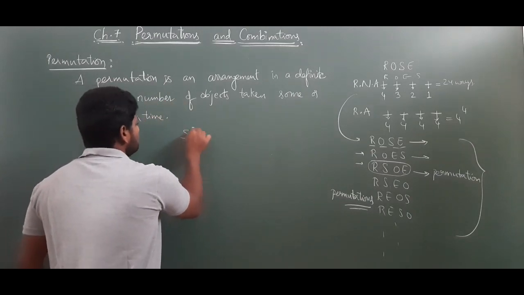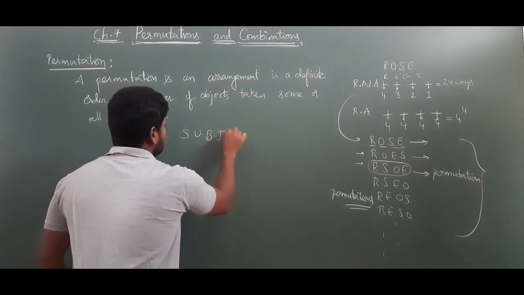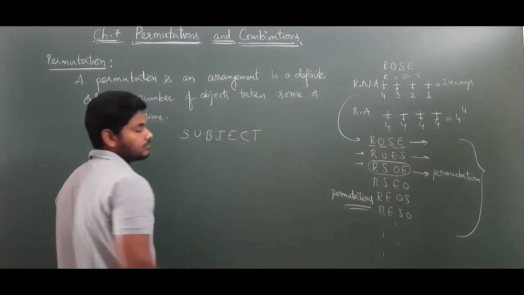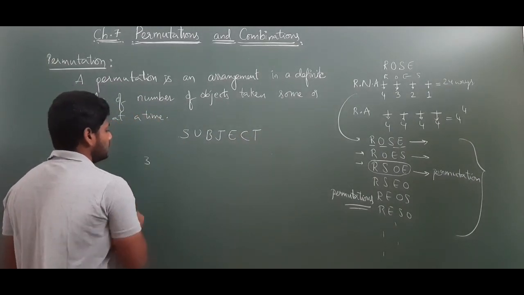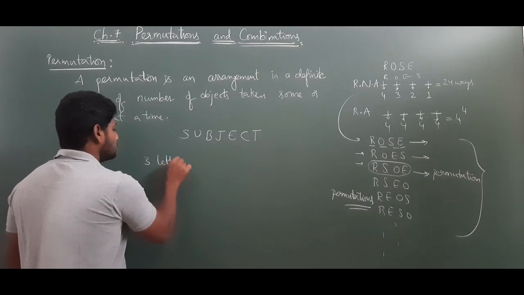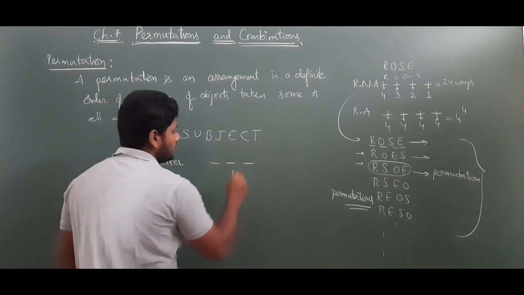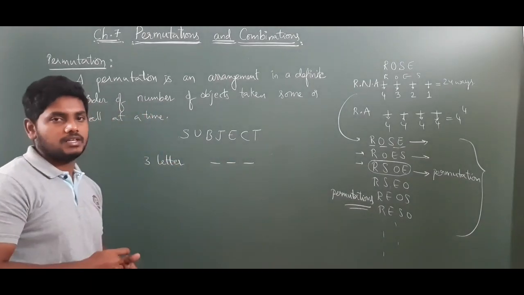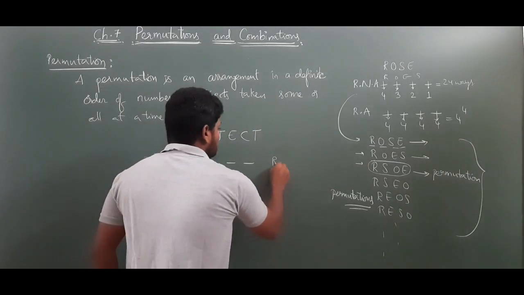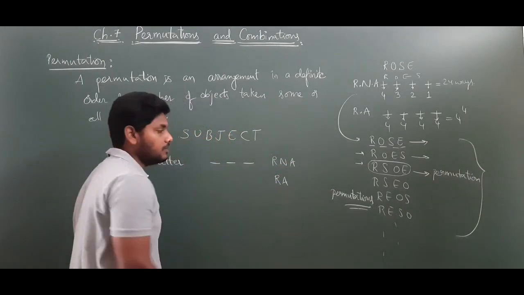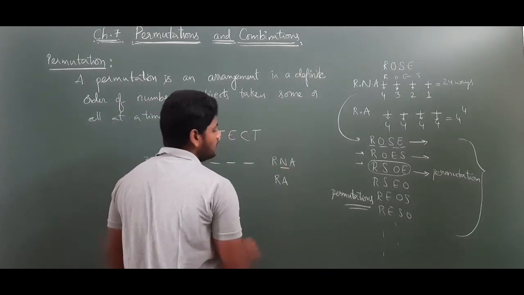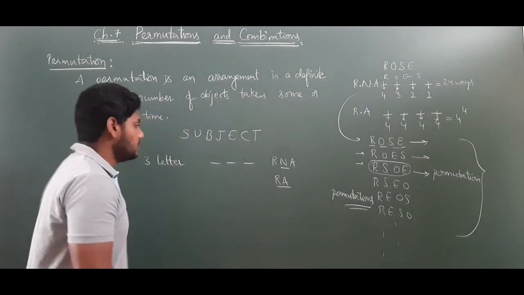But for example, if they give the word SUBJECT, and from the word SUBJECT you want to find 3-letter codes, in how many different ways can we form them in the case of RNA and in the case of RA? RNA means repetition not allowed, RA means repetition allowed.